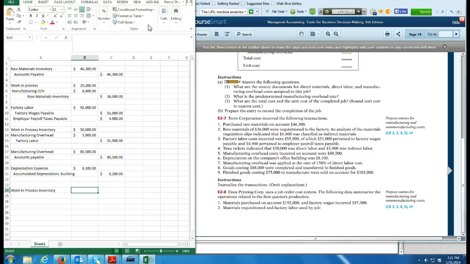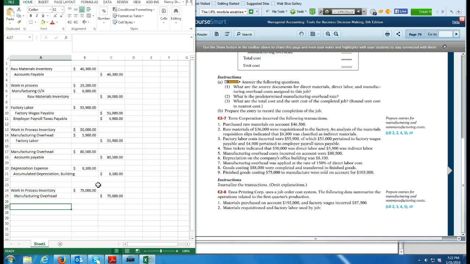If we know that our direct labor costs are $50,000, then 150% of the direct labor costs up here of $50,000 would be debited to work in process, and that would be $75,000. Now the credit on this is going to be credited to manufacturing overhead, and this is applied of $75,000.